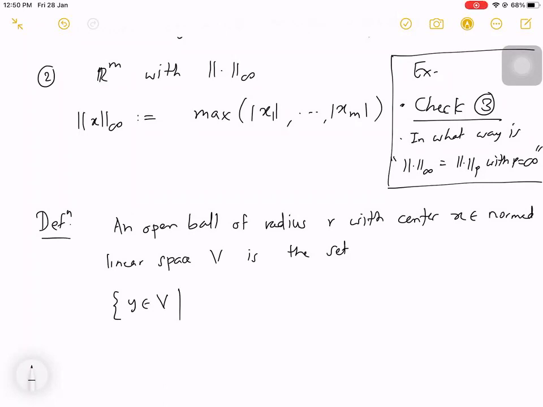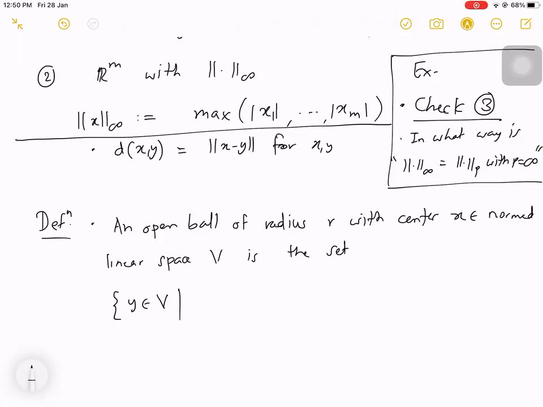But what is the distance between two things? I should really have made that definition first. I'm sorry. So, definition: in a normed linear space V, the distance between x and y is the norm of x minus y, for x, y in V.